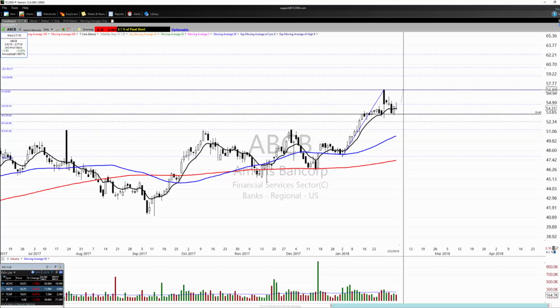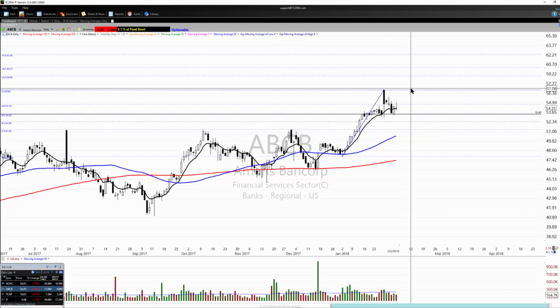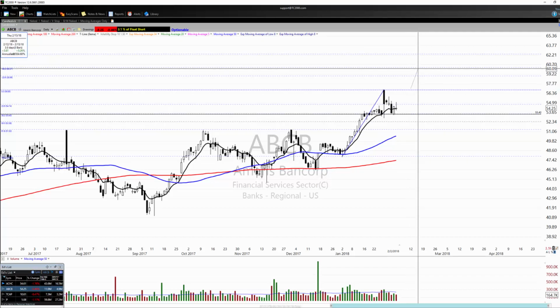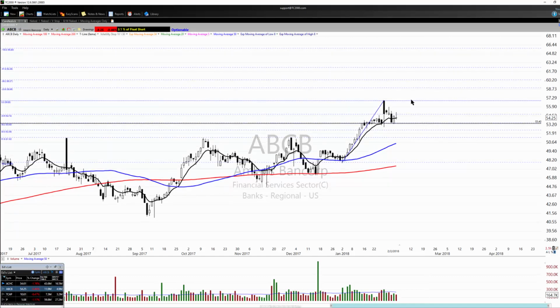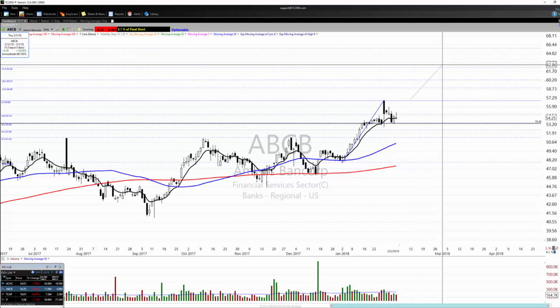Or alternatively, I would be looking for a potential to get into a trade up here, looking for a run up to the 38.2, which is 5.5%, the 61.8, which is 9.25%, and then the 100% extension, which is 15%. That's probably what I would be looking to lay out.